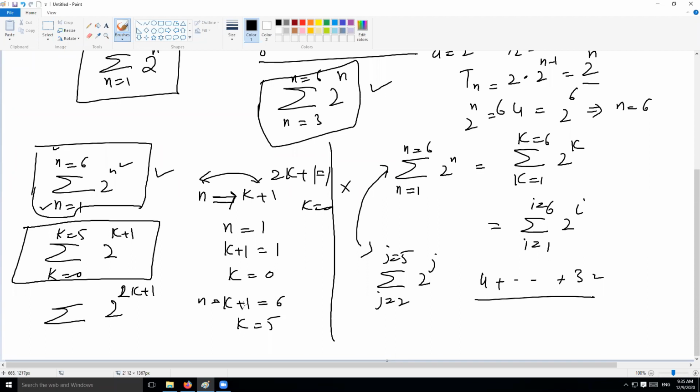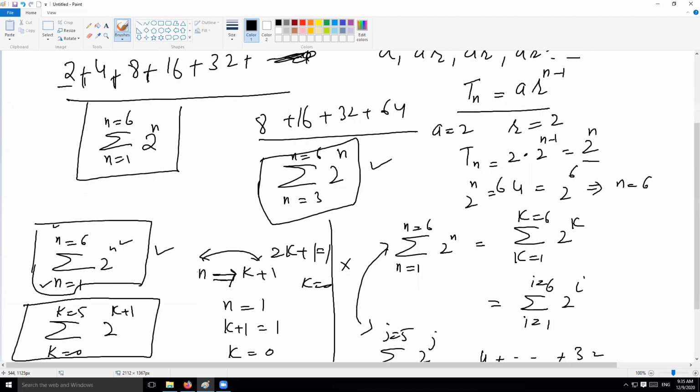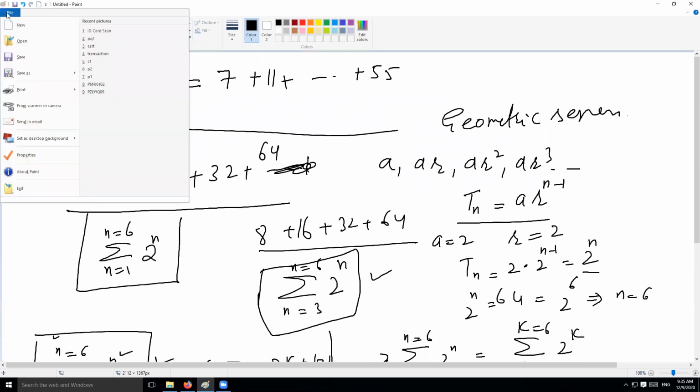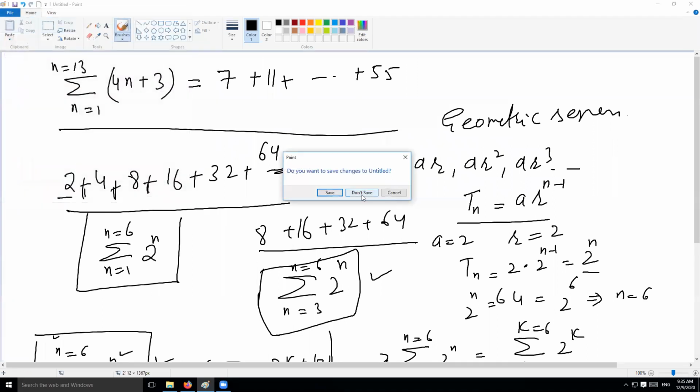And if you replace 2k plus 1 equal to 6, then the k is going to be something actually. Anyway, these are the little things that we are gradually going to learn. And you have to make yourself comfortable with this summation notation actually.